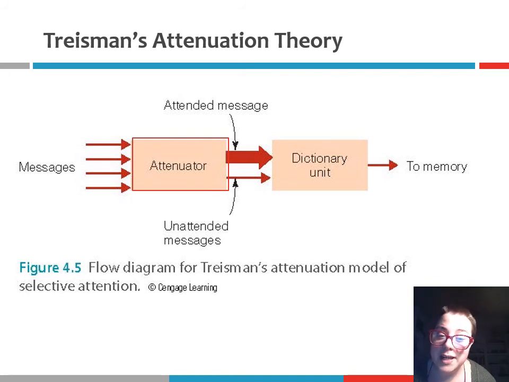Lastly, the attenuator is going to process both the attended message and the unattended message in terms of meaning. So we're going to do that full-scale meaning-based, or higher level, processing for both messages. And then from there is kind of the cool thing.